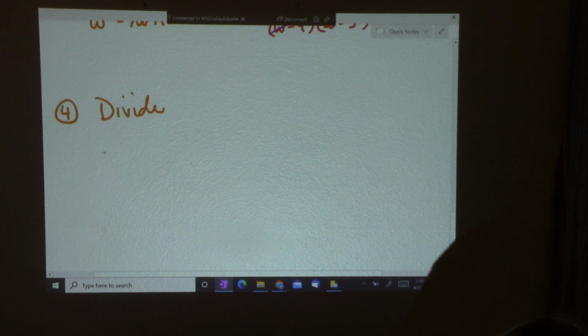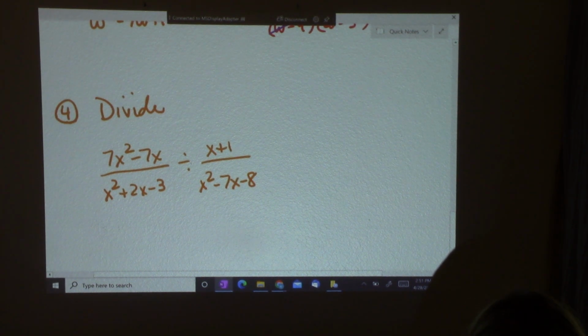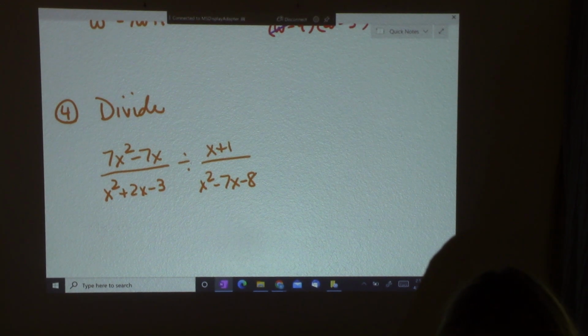So here's number 4, 7x squared minus 7x over x squared plus 2x minus 3. And that's going to be divided by x plus 1 over x squared minus 7x minus 8. Okay, it's really easy.